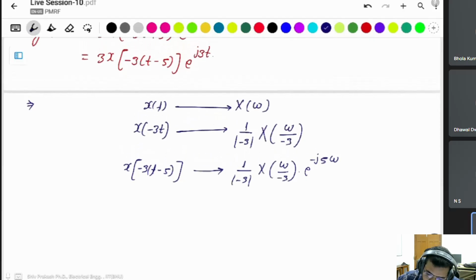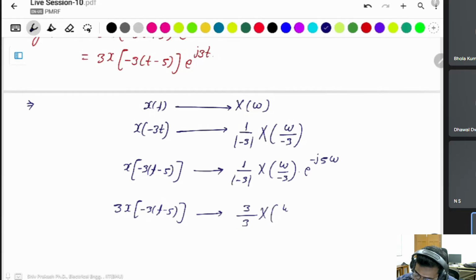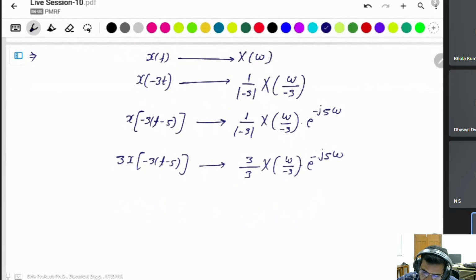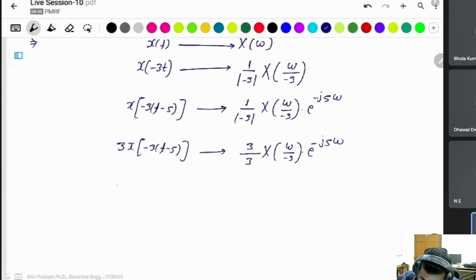Next, multiply by 3, giving 3x(-3t-5 shifted). This will be 3 divided by mod of 3, and mod of 3 is also 3, so you can write 3 X(omega by minus 3) into e to the power of minus j 5 omega. The 3 will be cancelled out, will be 1. Then you can write x(-3t+15). Yes, you can write this one like that.